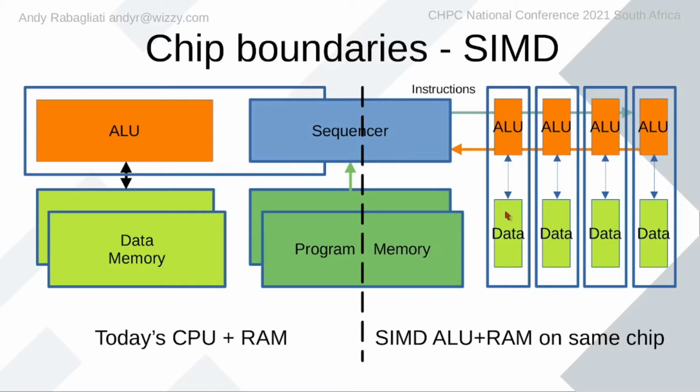This data, for instance, for a 4 gigabit RAM chip, would be 64,000 on a side, and the ALU means that there are 64,000 ALUs with a 64,000 bit bus wide between all of those ALUs and the data. The sequencer here will broadcast all the instructions to all of the ALUs, and the ALUs will talk to their own data and pull the data out, do the processing in the ALU, and then store the data back in the data memory.